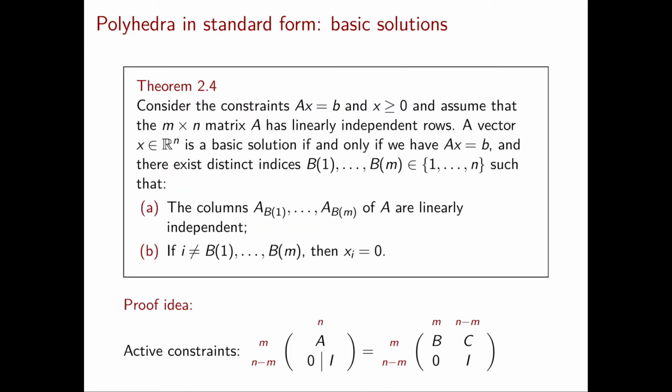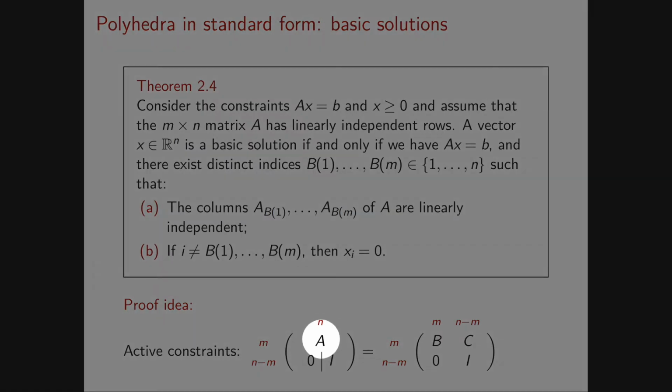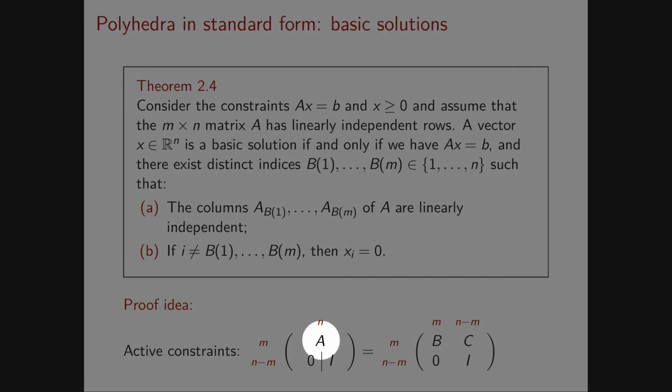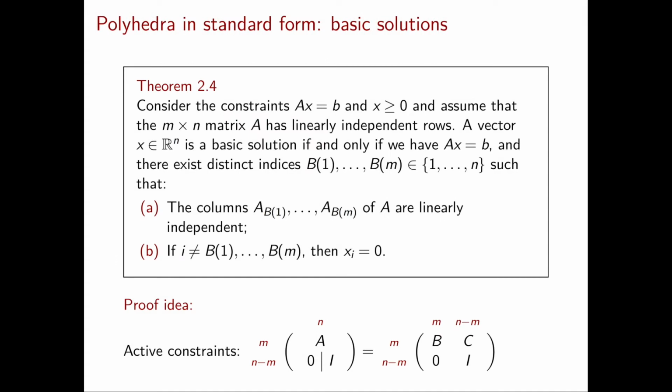We're now ready to prove our specialized definition of basic solutions for standard form polyhedra. To do that, let's visualize in matrix form all the active constraints that define a specific basic solution. And we're only going to visualize the left-hand side of these constraints. We've just discussed how every row of the matrix A forms such an active constraint, and all the rows are linearly independent because of our assumption.